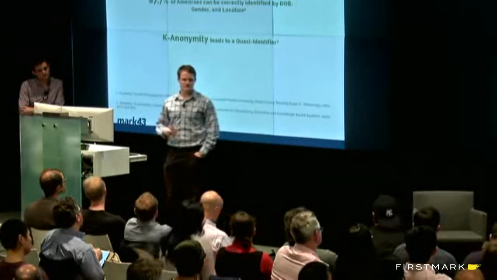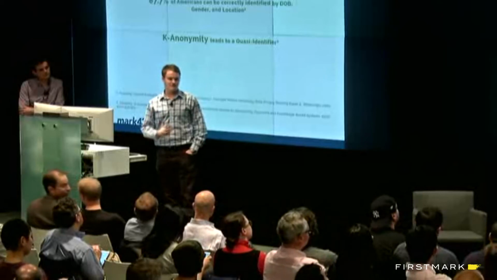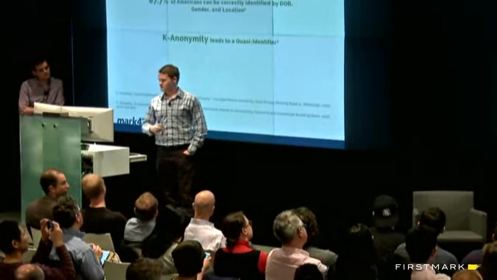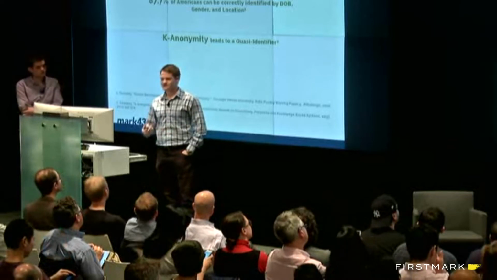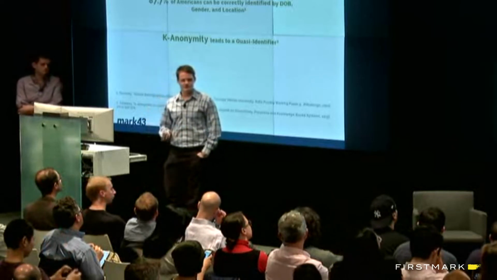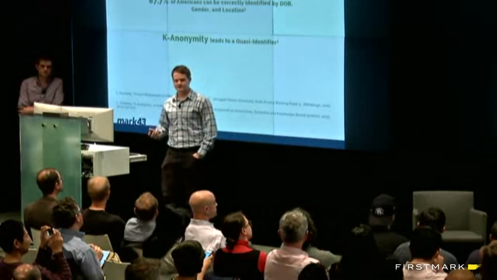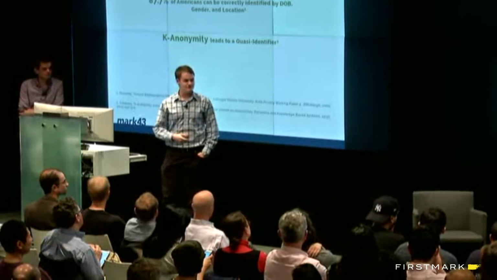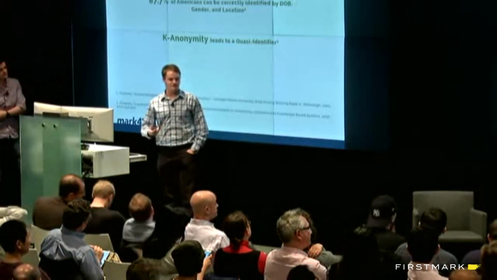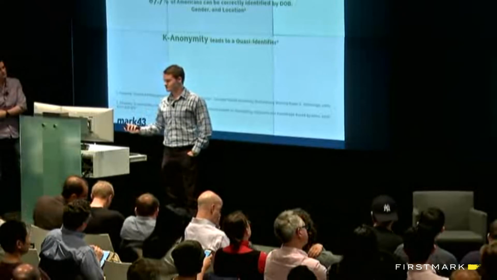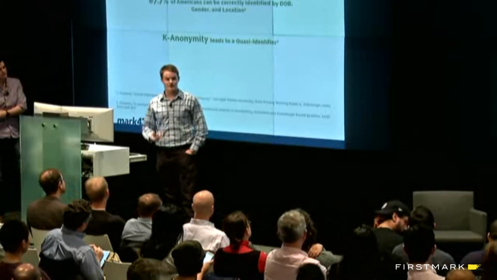So with just those three basic pieces of information, you can identify a vast majority of Americans, which leads into this notion of K-anonymity, which states that each data set is only as anonymous as its weakest quasi-identifier. And a quasi-identifier is defined as a subset of fields in a data set which uniquely identify or almost uniquely identify a record. So for example, in the previous result, gender, location, and date of birth were the quasi-identifier.